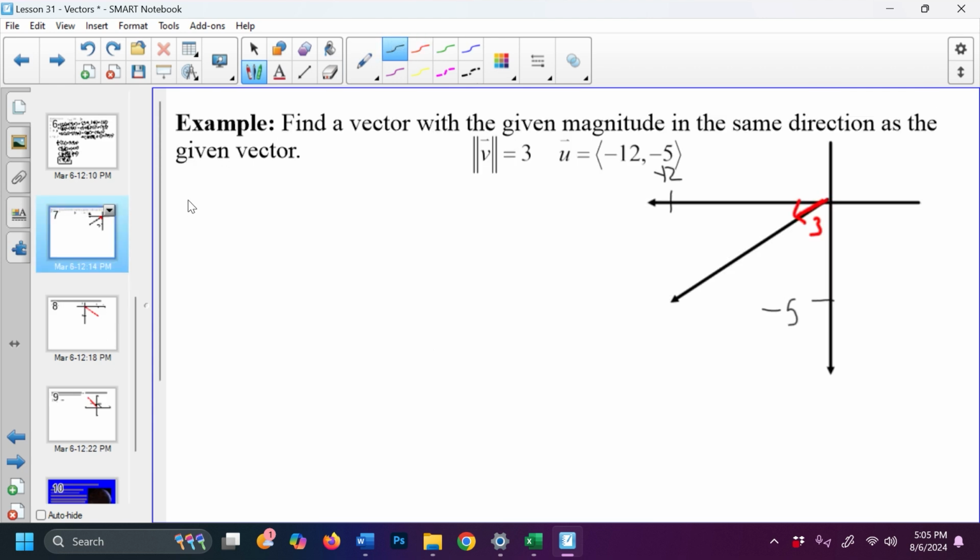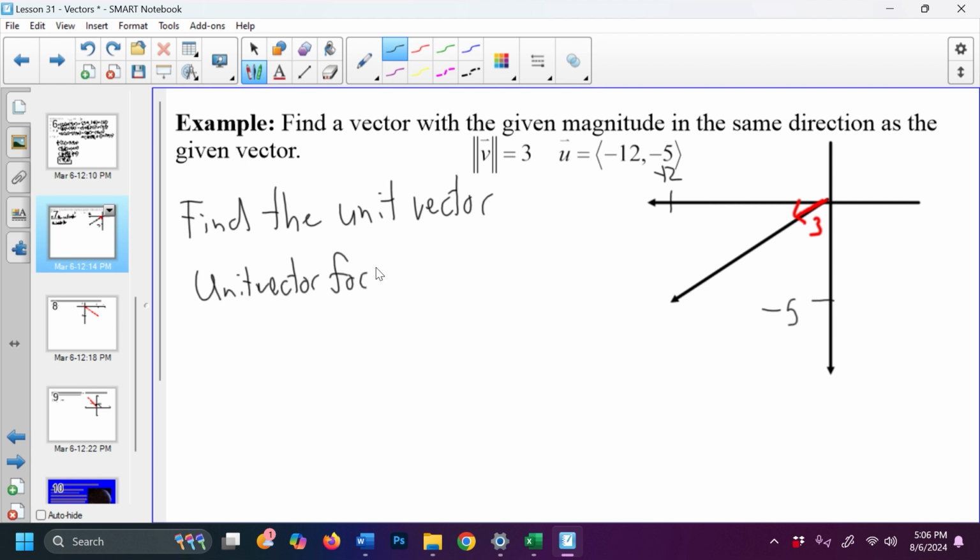So first thing that we will do is find the unit vector, and that is going to be 1 over the magnitude of u times the component form of u, which we already have.